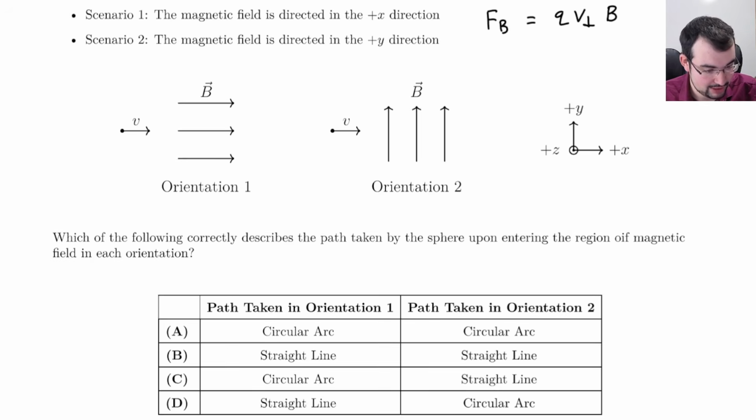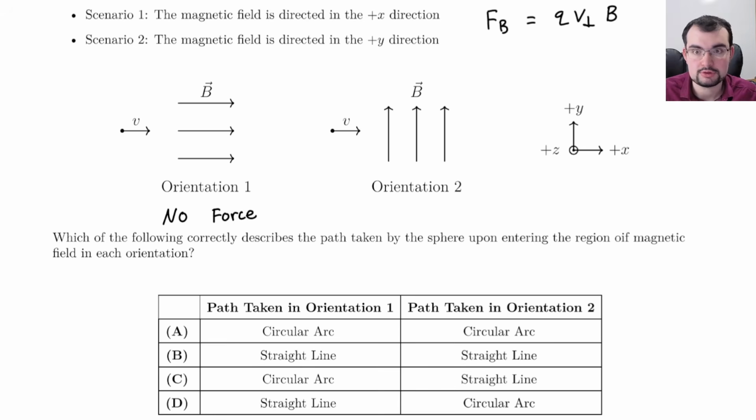So what that means is you get no force in orientation 1, because none of that B is perpendicular to V. And if you want to prove it, QV cross B, I can't twist my fingers to point in the same way that my thumb is. So no force in orientation 1.